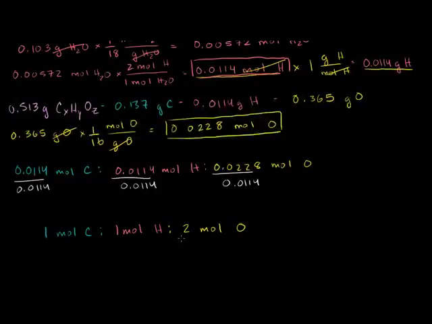So that tells us our empirical formula for our mystery acid. We don't know the molecular formula, but we know the simplest whole number ratios. It must be 1 carbon for every 1 hydrogen. And for every 1 carbon and 1 hydrogen, we must have 2 oxygens. So it's CHO2. That is the empirical formula for our mystery acid. Hopefully you found that fun.